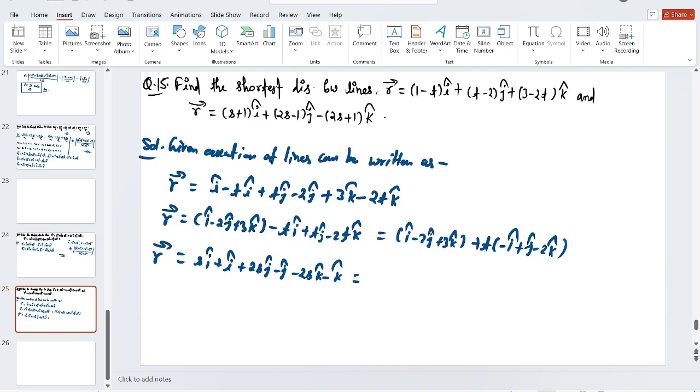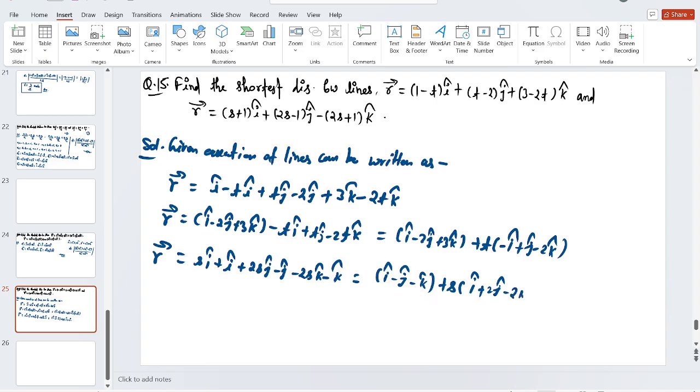Okay, so taking the s terms and the constant i cap, j cap, k cap terms together, this is i cap minus j cap minus k cap, and taking s common, you get i cap plus 2j cap minus 2k cap.